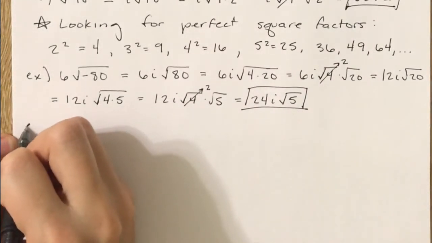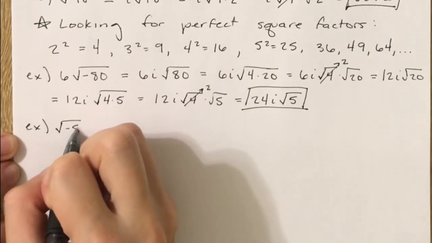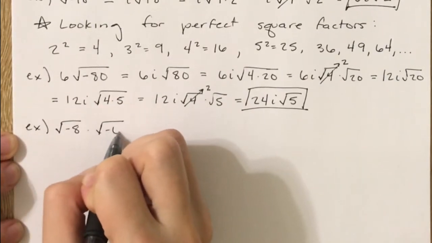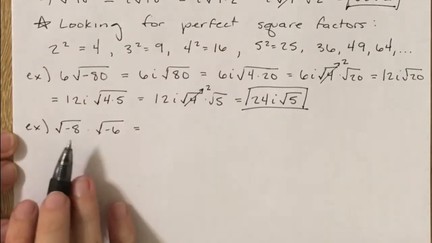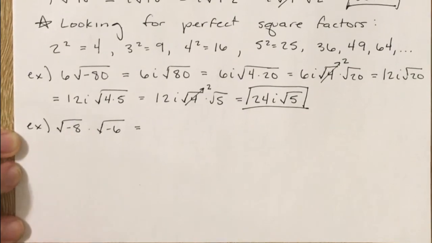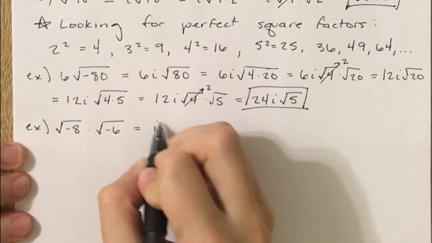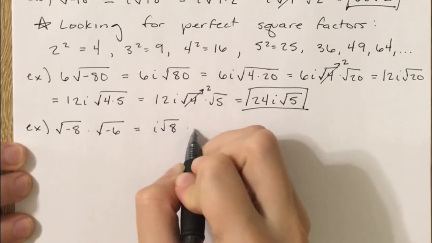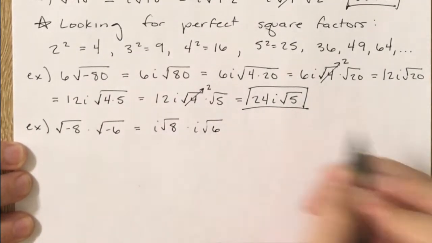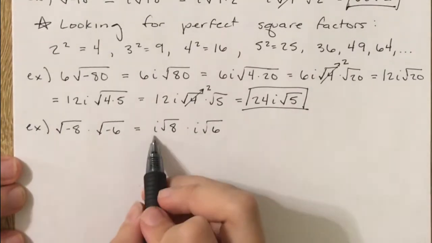Let's say I had the square root of -8 times the square root of -6. First things first, I have to take the i's out first. So I have i times the square root of 8 times i times the square root of 6. I can combine like terms here.